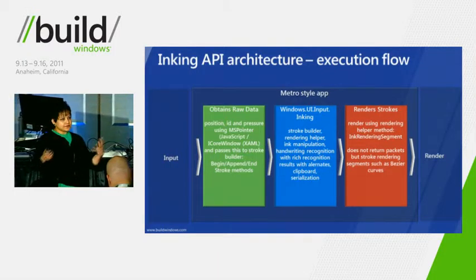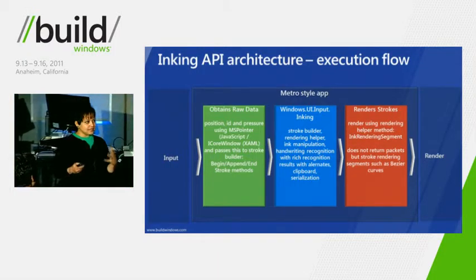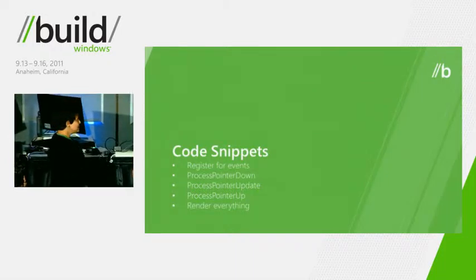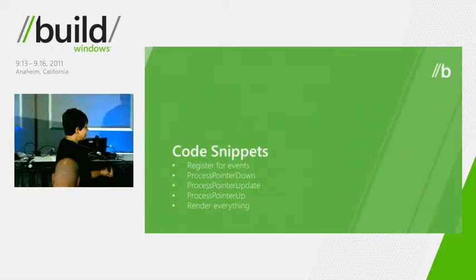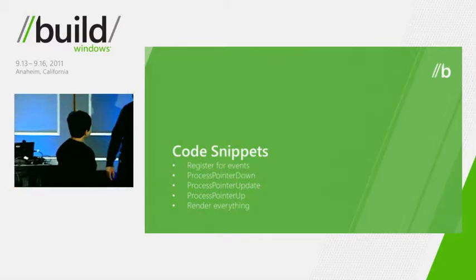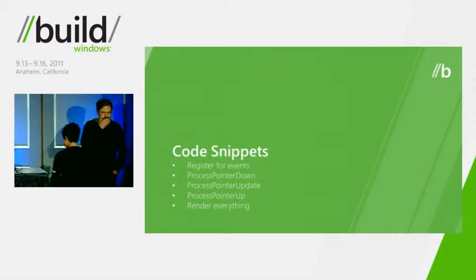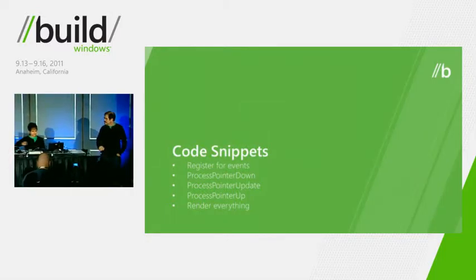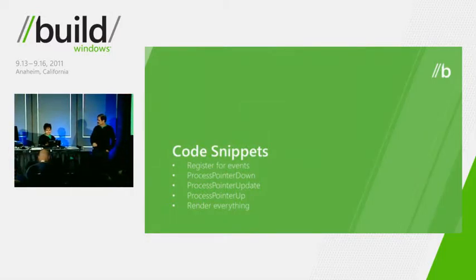I know this is great, but you must be thinking, okay, but how do I write all this? So, Jay, let's tell our audience something about registering events, pointer, and rendering. So I'll just go back.